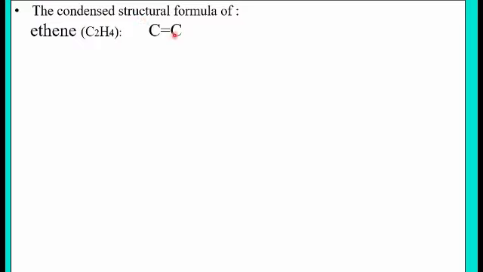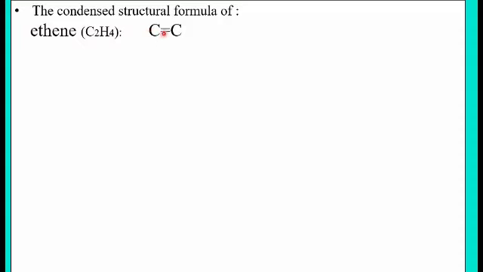The condensed structural formula of ethene, C2H4. First, we put the 2 carbon atoms and we put the double covalent bond between them. And we must distribute the hydrogen atoms between the 2 carbon atoms. Here, we must pay attention that each carbon atom needs 4 bonds to be stable.